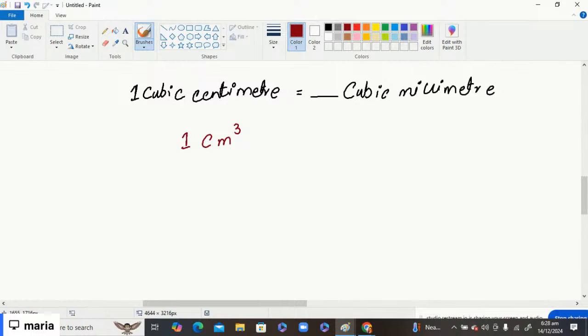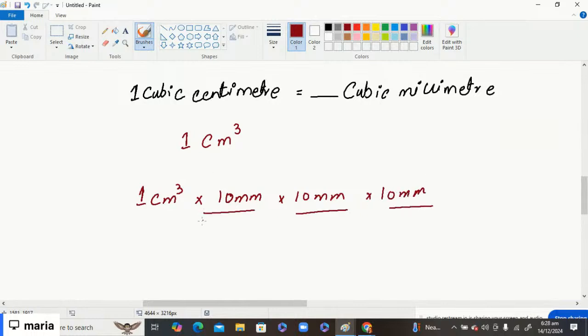So 1 centimeter cube multiplied with 10 millimeter, multiplied with 10 millimeter, multiplied with 10 millimeter, over 1 centimeter, 1 centimeter, and 1 centimeter.